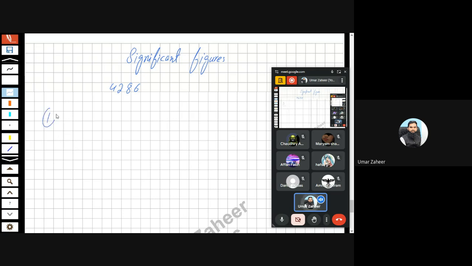The rules are: all non-zero digits are significant. 6 is non-zero, 8 is non-zero, 2 is non-zero, 4 is non-zero. So in this one we have four significant figures.